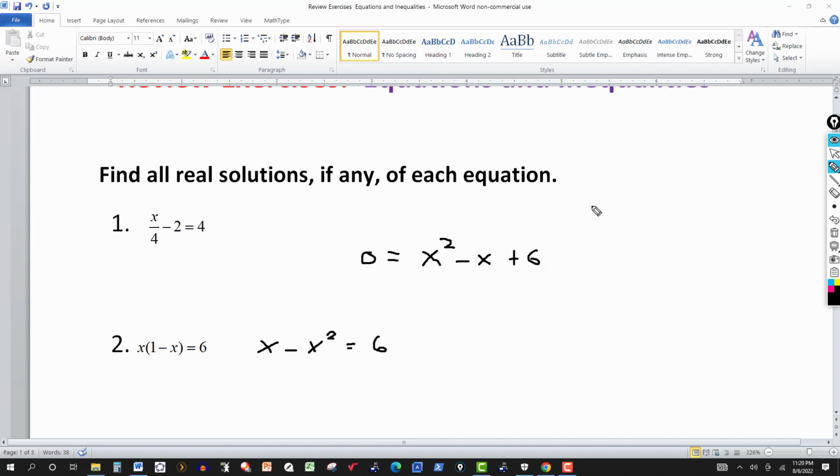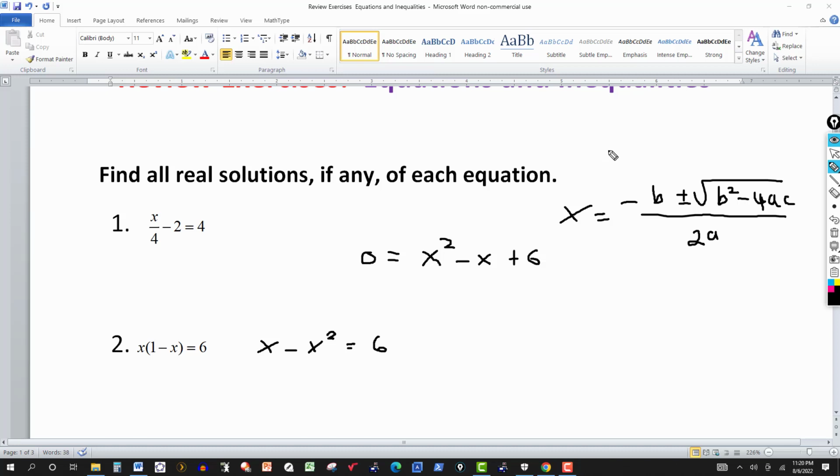The quadratic formula is x is equal to minus b plus or minus the square root of b squared minus 4ac, over 2a.